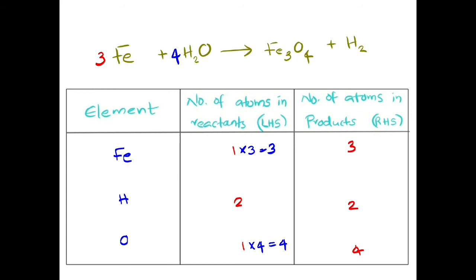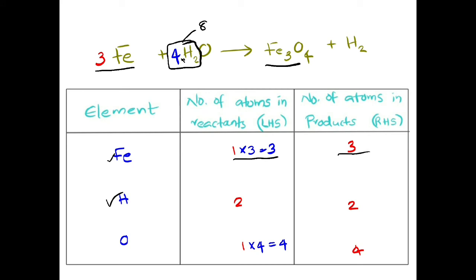So let's count the number of atoms once more. When you count iron, we have 3 iron in the reactant side, yes 3, and in the product side we have 3 iron. And when we count hydrogen, you can see that the number of hydrogen atoms has increased. Here we have 8 hydrogen atoms, 4 into 2 is 8.